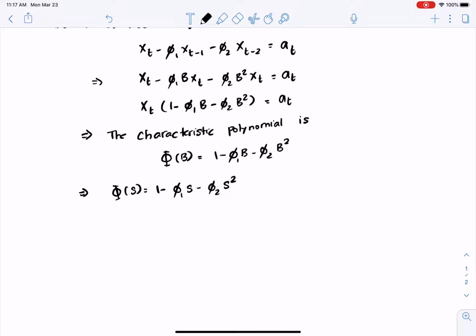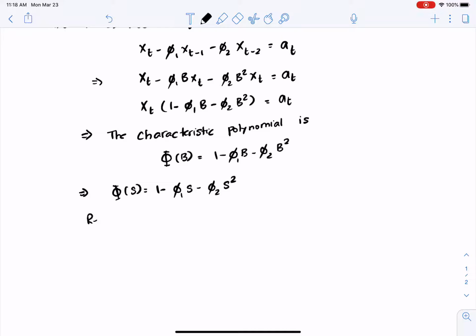We know that polynomial functions can be expressed in terms of products, and we're always going to have roots, so they might be complex, real, or repeated real, so we could always represent the polynomial as a product of factors.